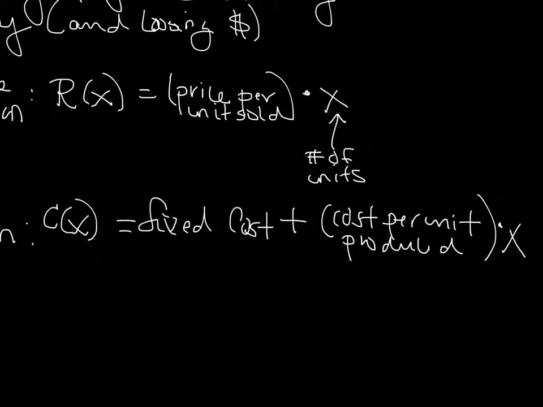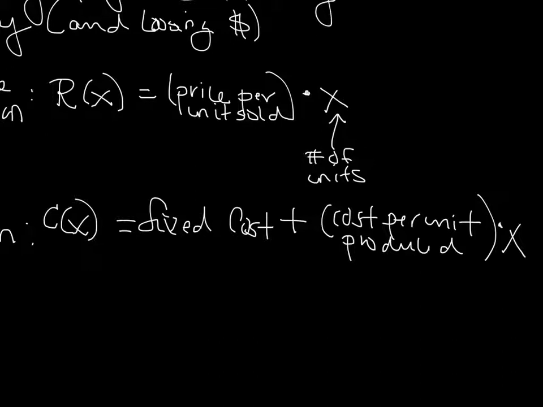So again, as an entrepreneur, it's going to cost you something to make the computers. So there's a fixed cost, and then the cost per unit produced times the number of units.